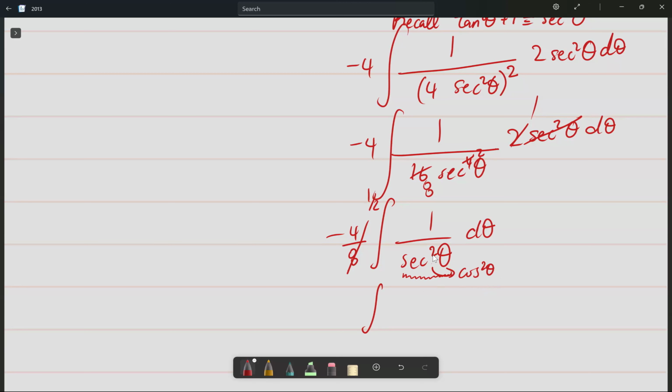Why does that look off? Yes, okay, yeah, that's right. That's right. Okay. 1 over secant squared is going to be the same thing as cosine squared of theta d theta. A half is outside.